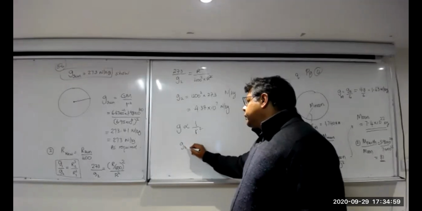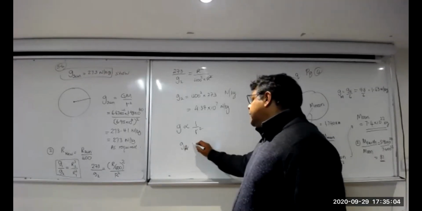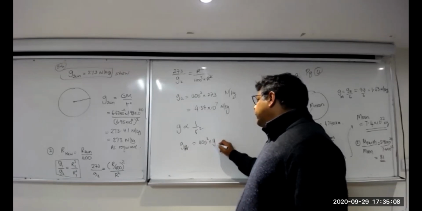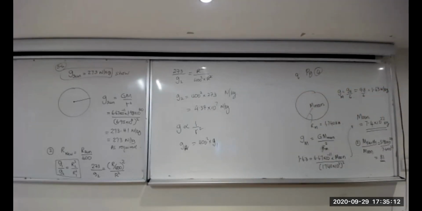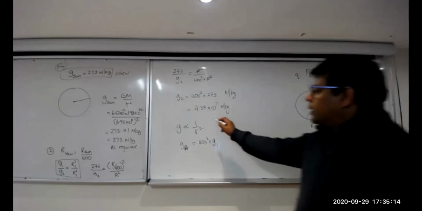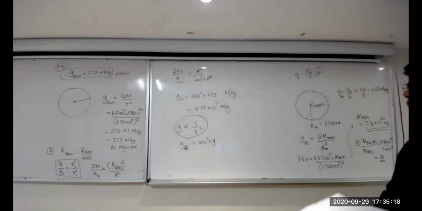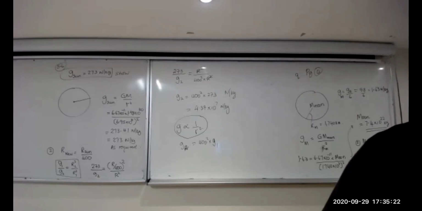Therefore, the new G2 is equal to 400 squared times the original one. If we can show that, that's probably something, but you just need to show that you understand what's going on in terms of physics. Does that make sense? Yeah, I think that makes sense.